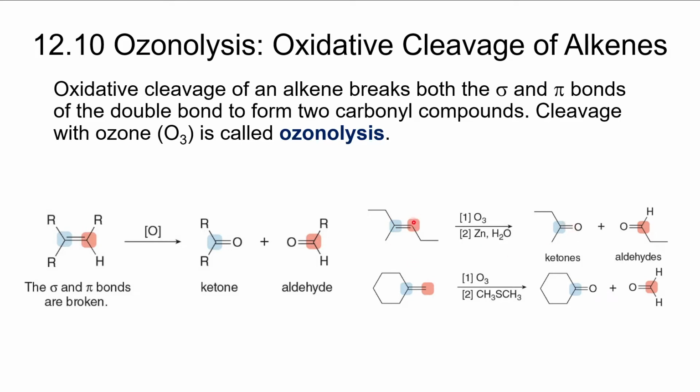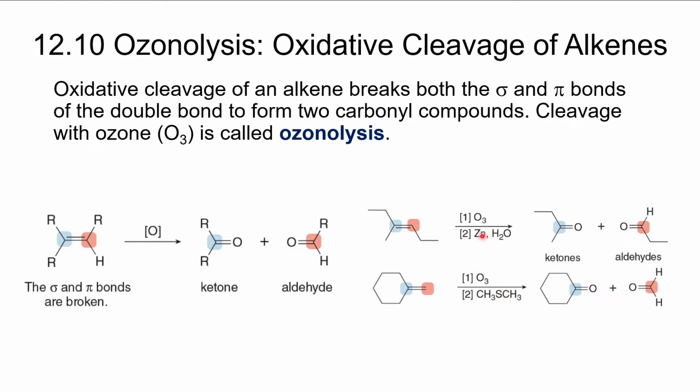With this one, because it has a hydrogen, we'll end up getting an aldehyde there. On this one, we've got this methylene group here. So when we oxidize this one, of course, will be a ketone. And then here we're going to get formaldehyde because there's two hydrogens on that carbon. So that will remain.